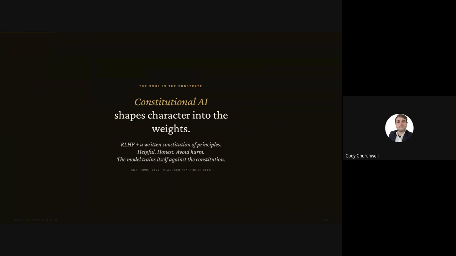The model rates its own outputs against that constitution and trains itself to embody it. Anthropic's actual constitution includes principles like choose the response that is most respectful of human autonomy, choose the response that is least likely to be harmful, choose the response that is most honest. These are read by the model thousands of times during training. They become Claude.